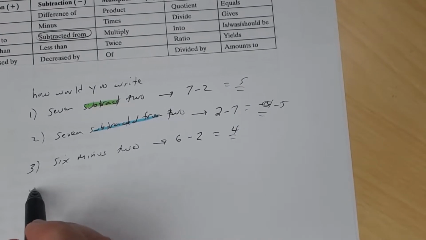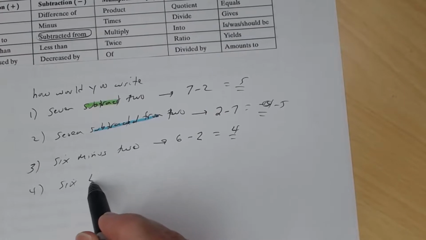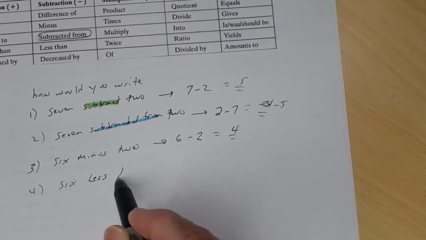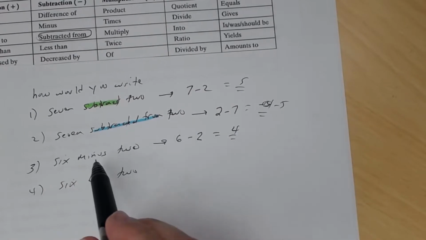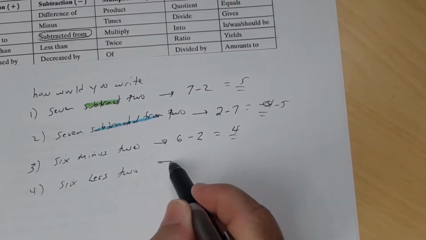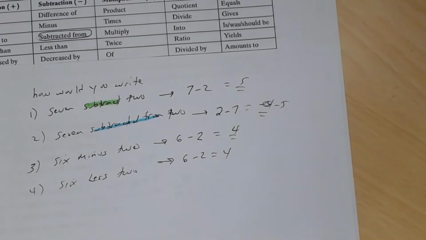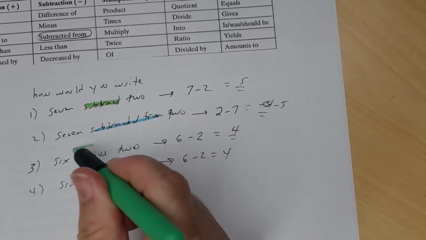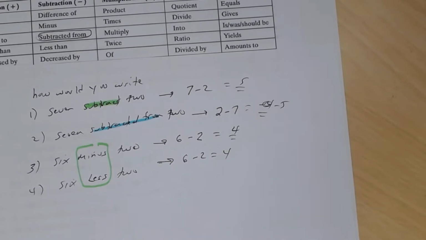Now let's look at 4. Suppose I said 6 less 2. So 6 less 2 means the same thing as 6 minus 2. So it's going to be 6 minus 2, which is 4. So I want you to notice that these two can mean the same thing.